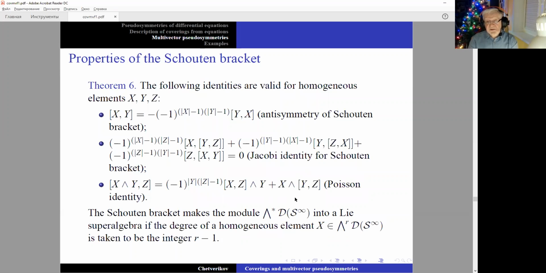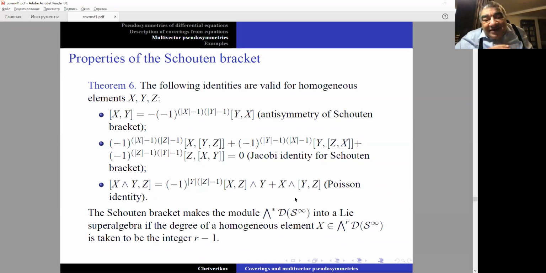This problem is very hard for computation because I use the Schouten bracket and this language.